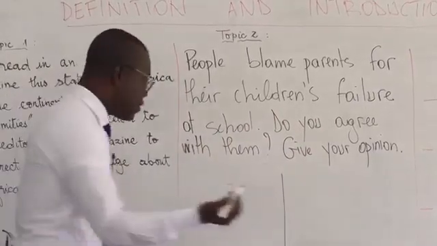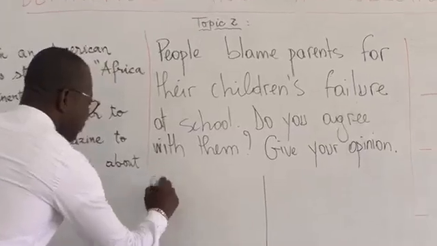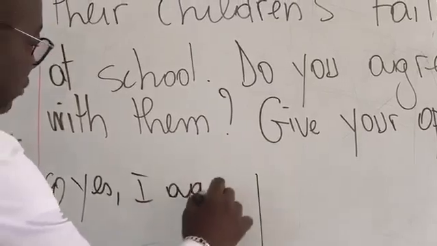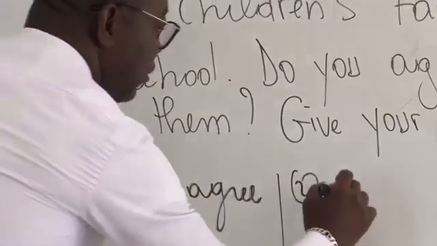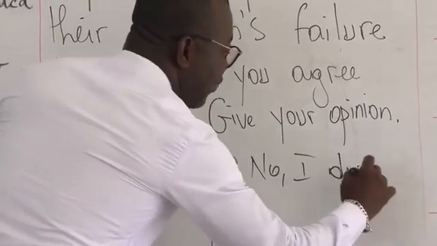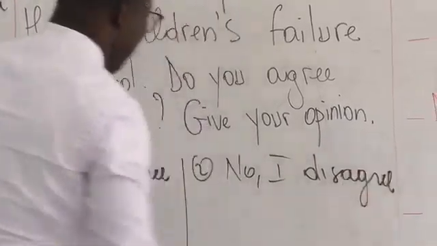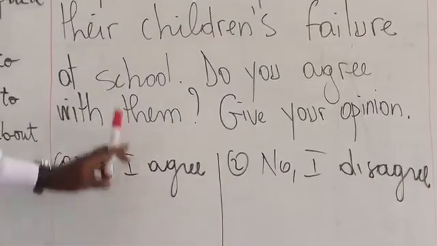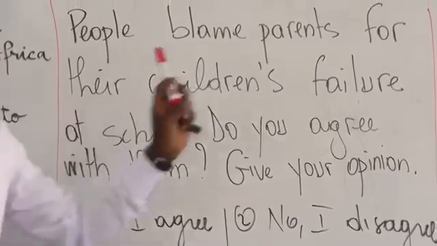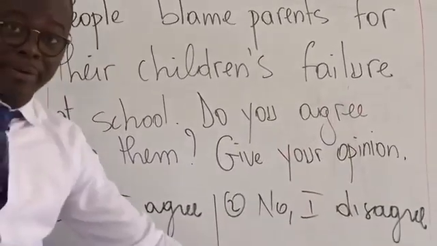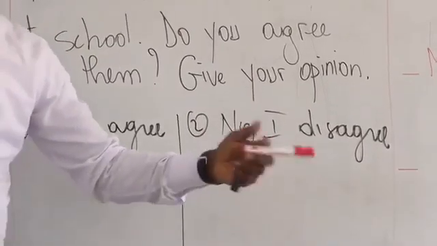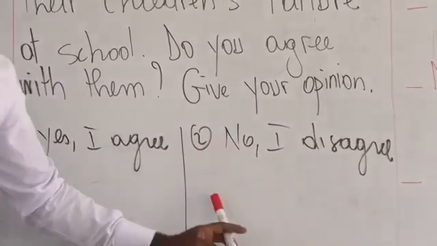We have two opinions, which are: 1, yes, I agree, and 2, no, I disagree. So here, you agree that parents are responsible for their children's failure. But here, for you, maybe other people are responsible. It can be the children themselves.